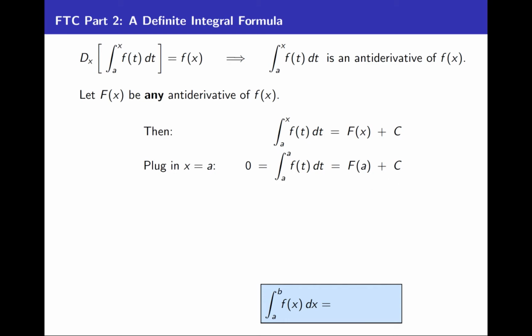You get c equals minus big F of a. Now let's go back up to our expression and replace c with minus big F of a, and we get the integral from a to x of f of t dt equals big F of x minus big F of a.